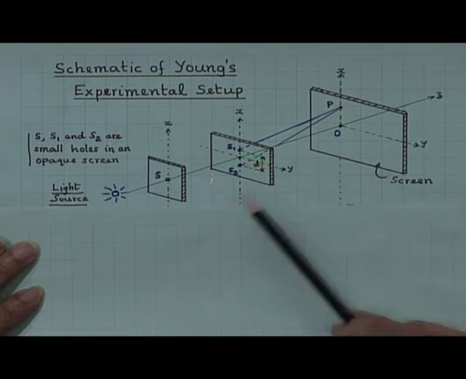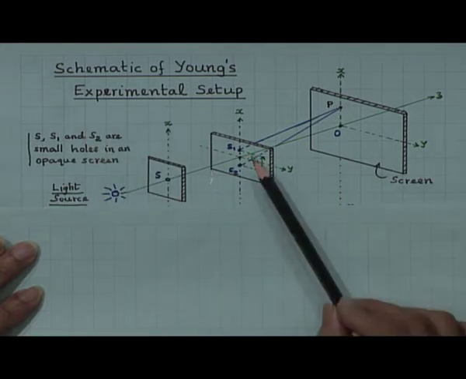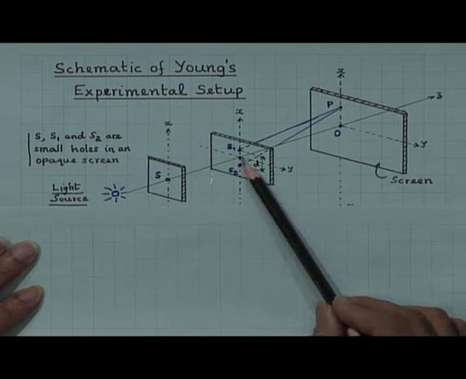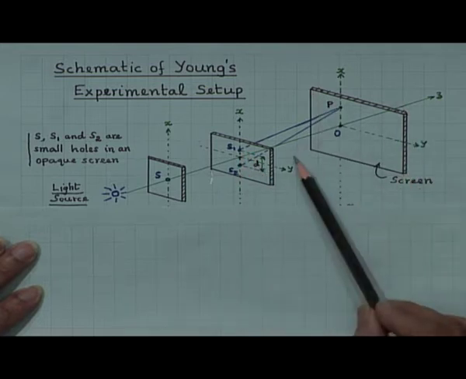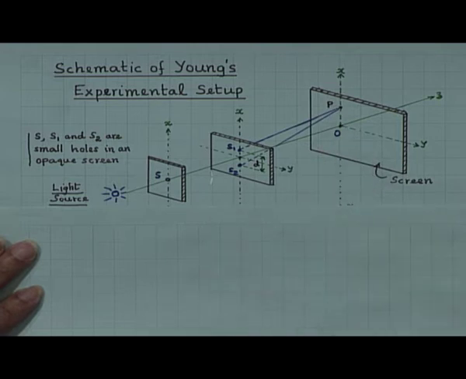That is why it is called Young's two hole experiment. These two holes act like point sources, and then we have a screen on which the interference pattern will be observed. We will discuss the formation of the interference pattern.